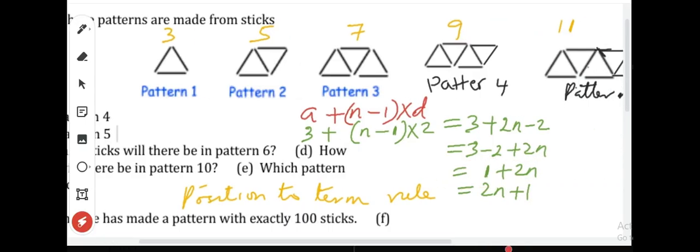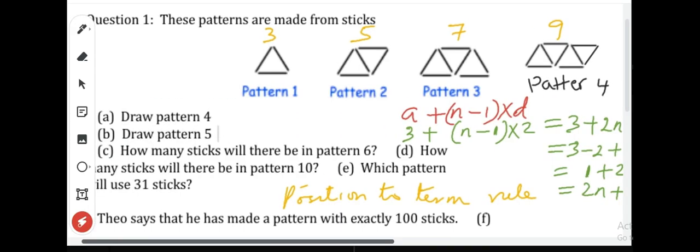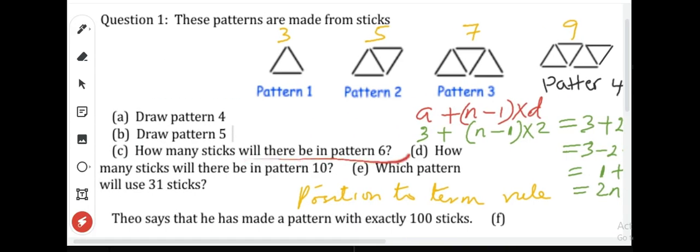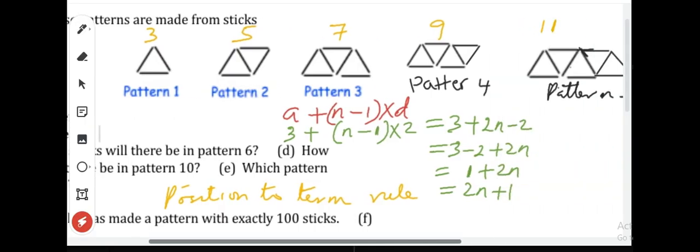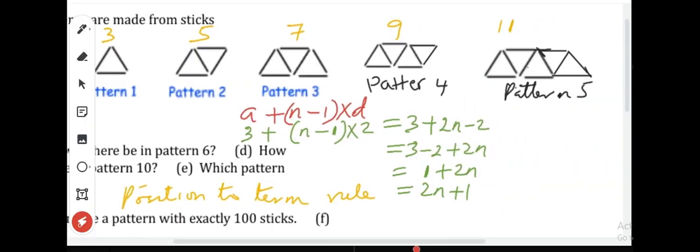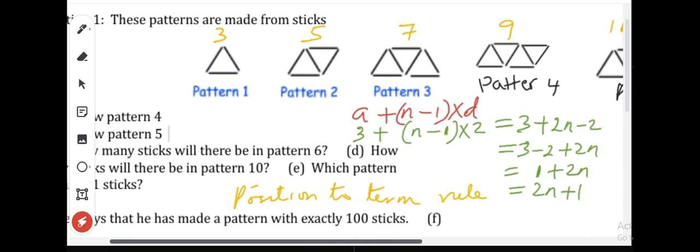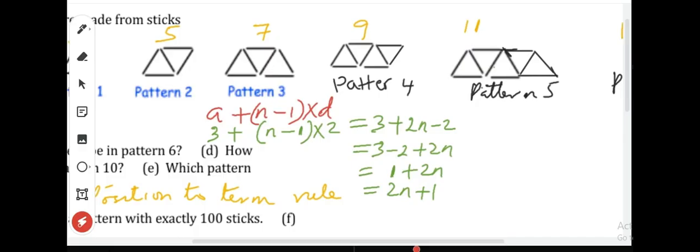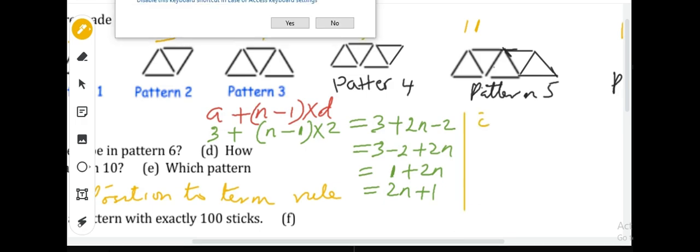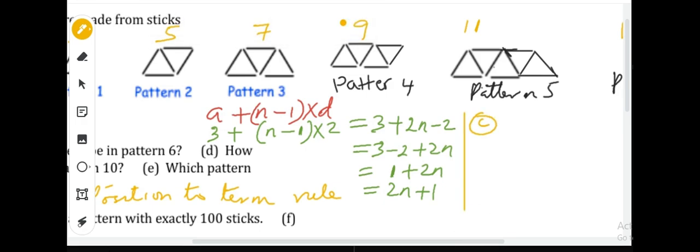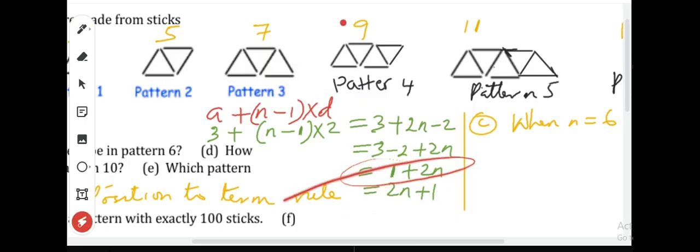For instance, it says how many sticks will be in pattern 6. That's question C. If you wanted to solve C in a different way, for question C, pattern 6 means when n is equal to 6, we substitute n into this equation, that is still the same thing.